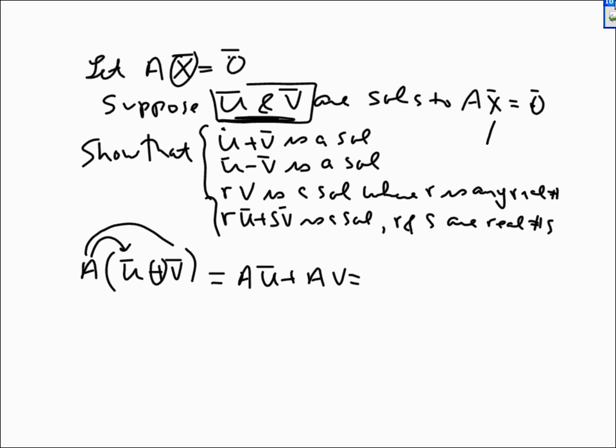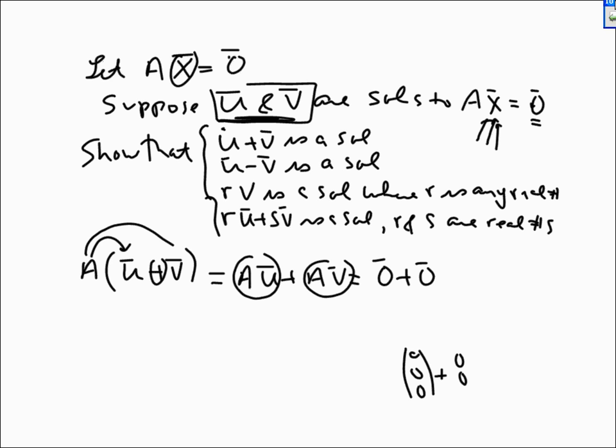That is, if you plug in u, A times u will give you 0. And if you plug in v, A times v will give you 0. Oh, you mean that's the 0 vector? Plus, that's the 0 vector? Well, if you add the 0 vectors, say it's in R3, or it's 3-dimensional, 1 by 3, sorry, 3 by 1.